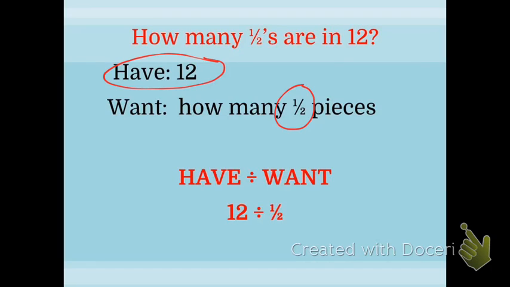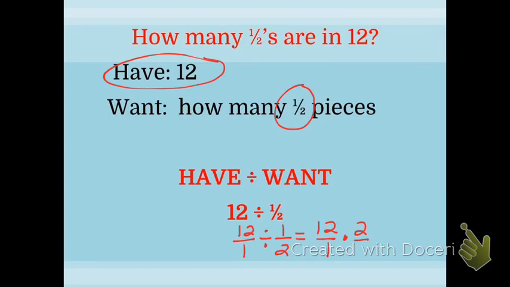So it's 12 divided by 1/2. Do you have this in your notes? Good, I thought you did. Okay, so we're going to divide 12 by 1/2. Let's make them improper. 12 over 1 divided by 1/2. Don't skip this step of writing them improper because you can mess up. Then keep, change, flip. So it's 12 over 1 times 2 over 1.